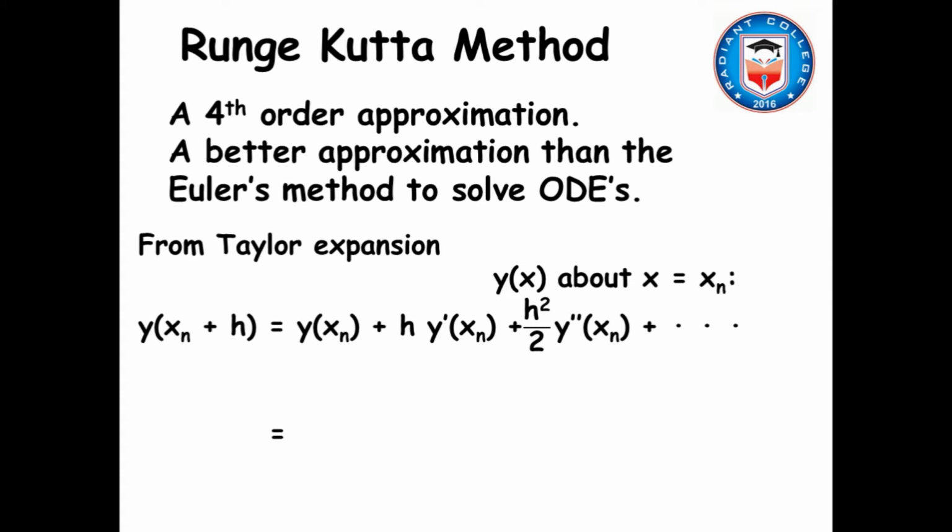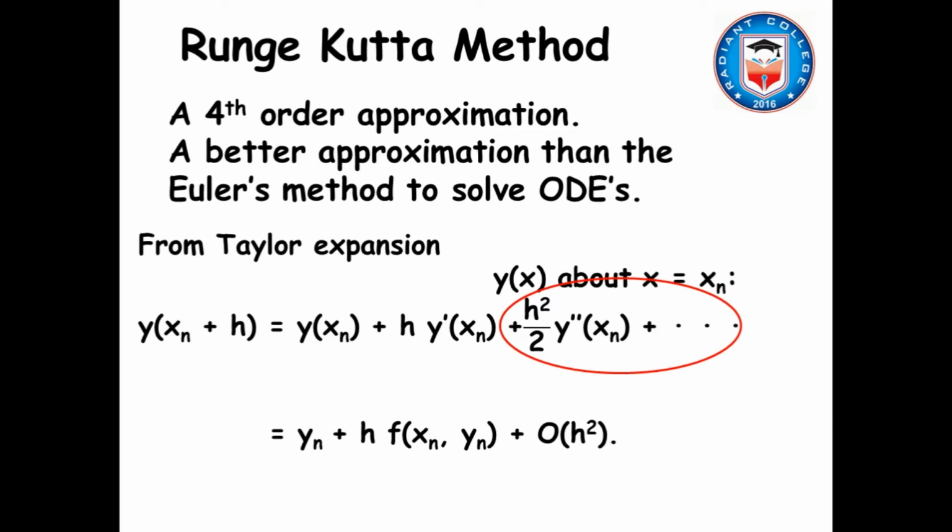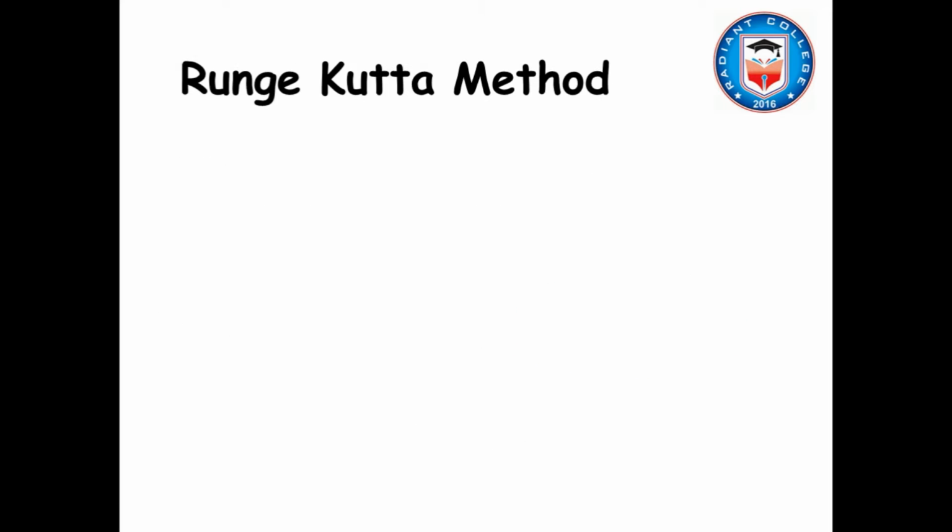Here we can replace f of xn, yn by y prime xn, and the terms h square by 2 into double derivative of xn and so on. The higher terms containing h square values can be written as order of h square terms.